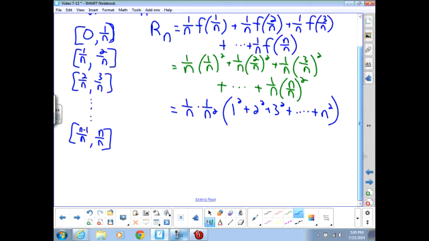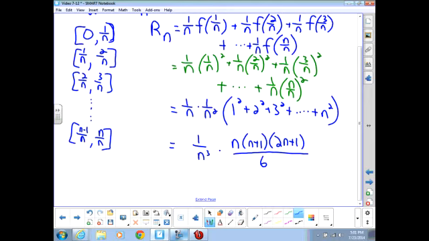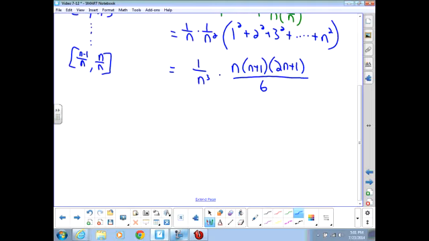Well, out front, this is just 1 over n cubed. And in the parentheses, there's that formula that you just copied down a second ago. The sum of our first n squares is just n times n plus 1 times 2n plus 1 all over 6. And again, that's coming from the formula you just copied down on the previous slide. Well, now we're just going to neaten this up.